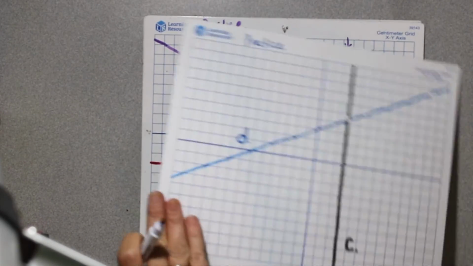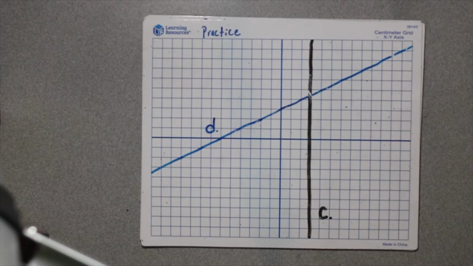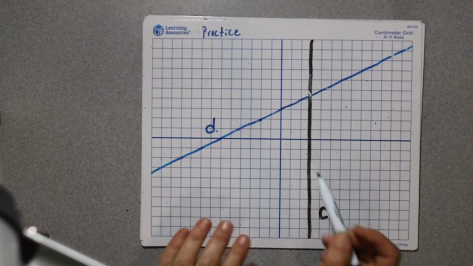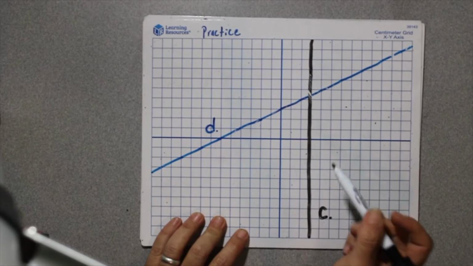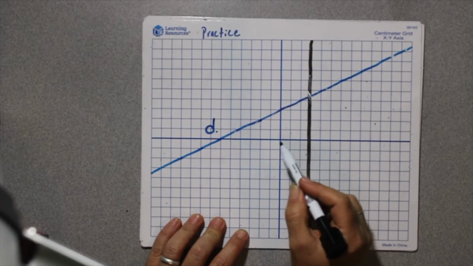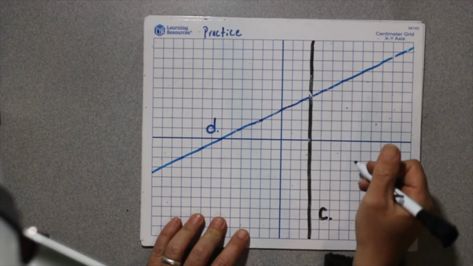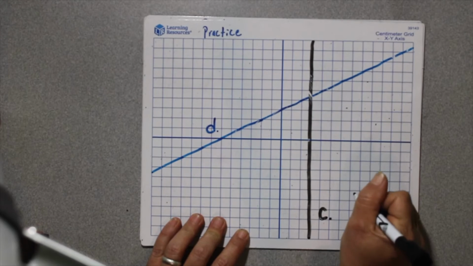All right, C and D are right here. Now for C, we're moving over on the x-axis, and we went 1, 2, 3. So this one, C, is x.